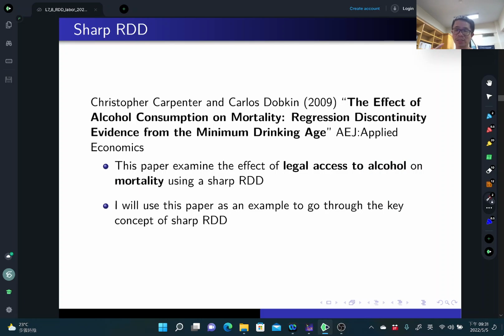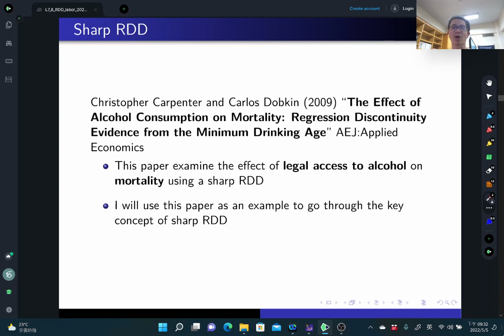And in the US, when your age is beyond 21 years old, you can legally drink alcohol. So that means if you drink alcohol after your 21st birthday, basically it's legal, or there's no punishment.